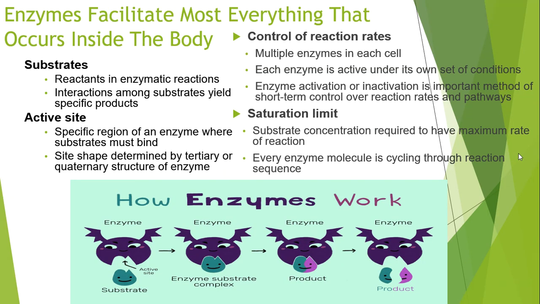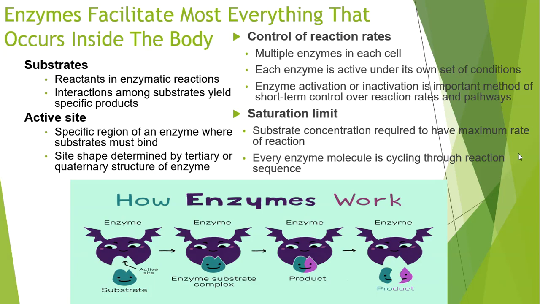This is especially important when we start talking about enzymes, which are specialized proteins that help to facilitate a lot of the metabolic reactions inside of the body. So when you talk about enzymes, you have a lot of different types of vocabulary, such as the substrates, which are the reactants in an enzymatic reaction. You have the active site, which is where that substrate is going to attach to.